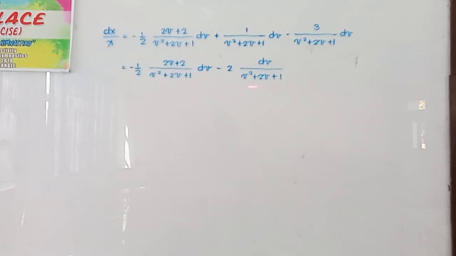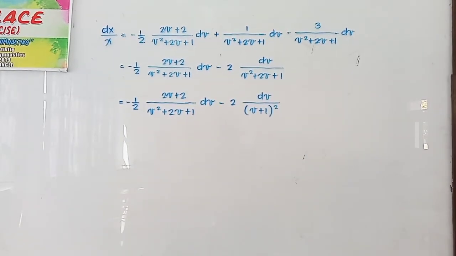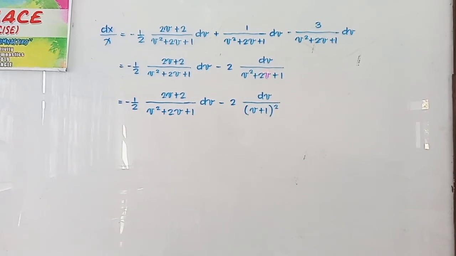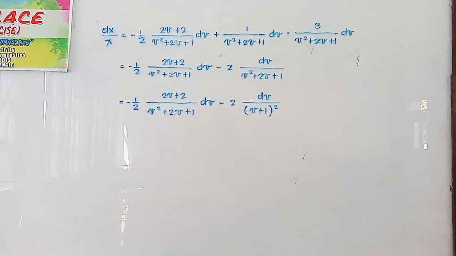What about this one? So that's going to be the next issue. The good thing about our denominator is the fact that it is a perfect trinomial square, which can be factored in this manner. And therefore, if this is a perfect trinomial square, then we can evaluate this using power.